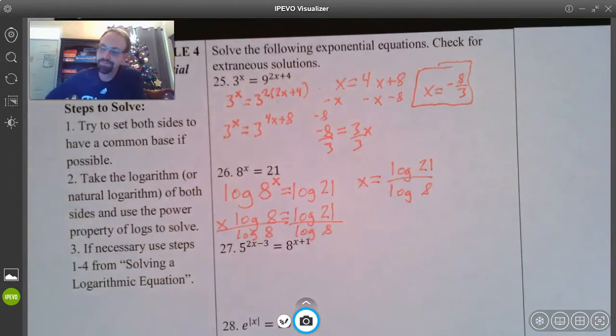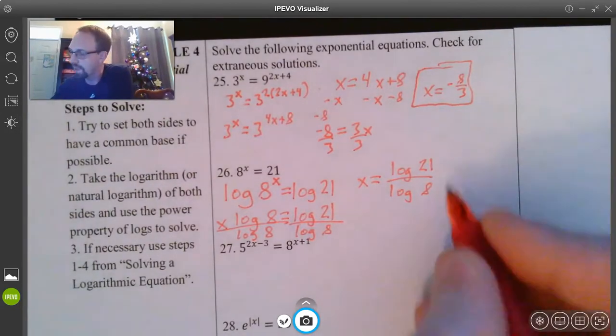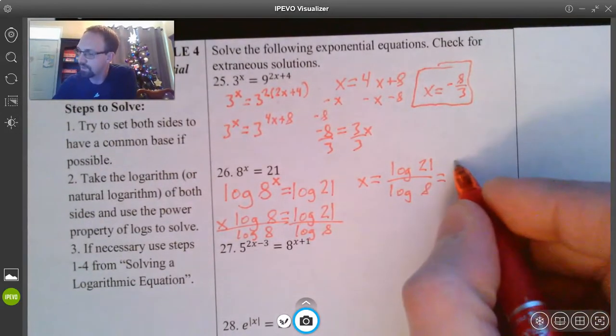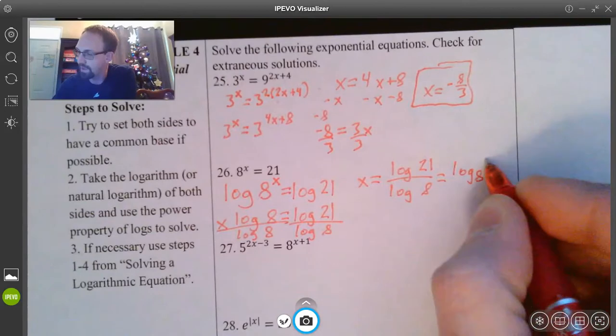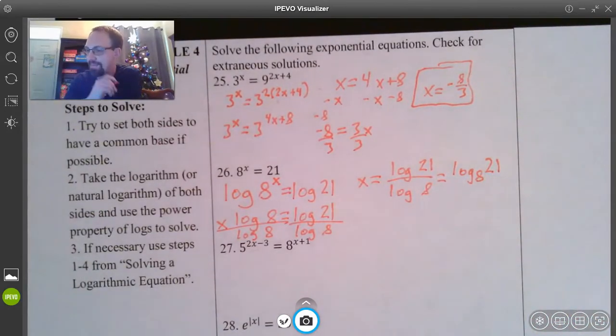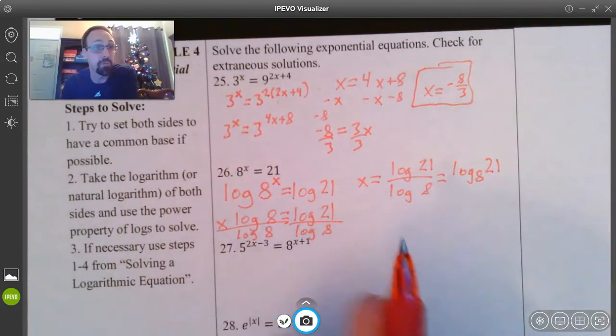Now, again, a lot of students ask, is there a different way to approach this? I hinted that log base 10 is not the only option, because this is equivalent to log base 8 of 21. Remember, I said you could take the log of whatever base you want on both sides.